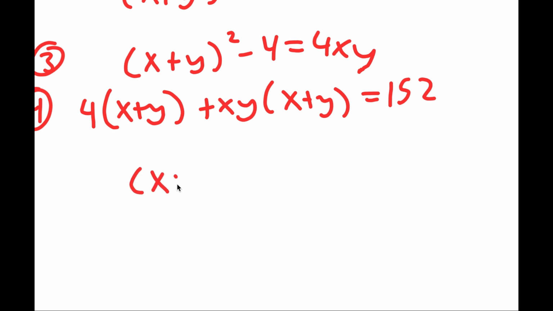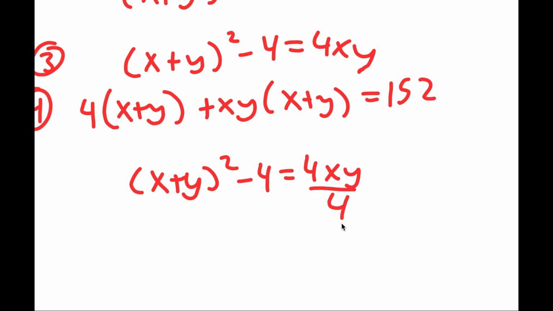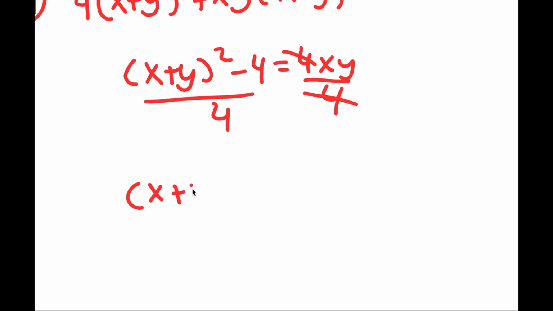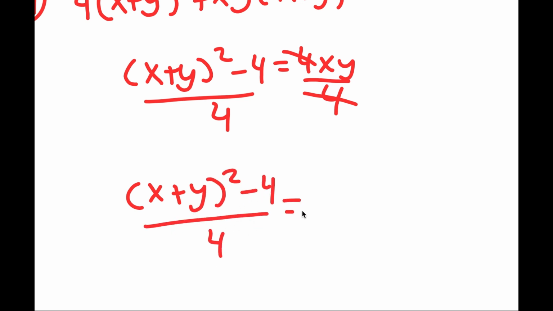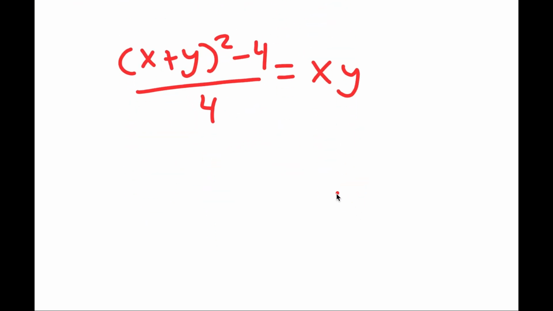So I'm going to first start with x plus y squared minus 4 is equal to 4 times x times y. And I'm going to divide both sides by 4. So I get x plus y squared minus 4 over 4 is equal to x times y.